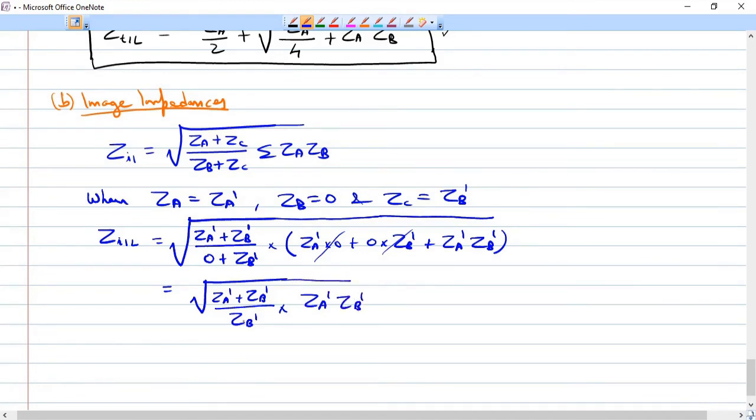So again we can cancel out Zb dash here and write the final expression as square root of Za dash square plus Za dash into Zb dash, by multiplying this Za dash inside. So this is our image impedance Zi1 for an L network.